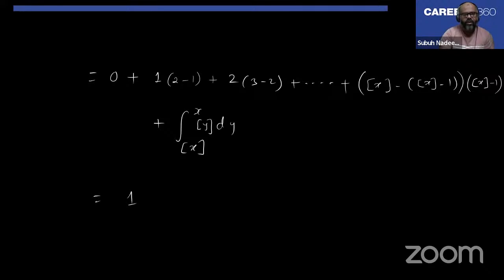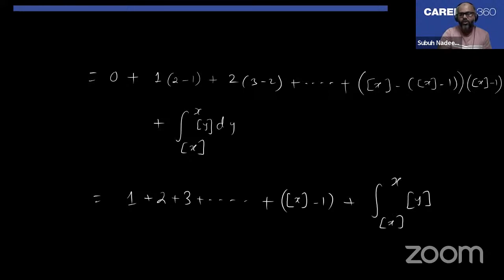So this will become 1, and 2 minus 1 is 1. 3 minus 2 is also 1. So it will go like this. In the end here, greatest integer of x will cancel. 1 will come. So it will become greatest integer of x minus 1 here, plus greatest integer of x to x, greatest integer of y dy.